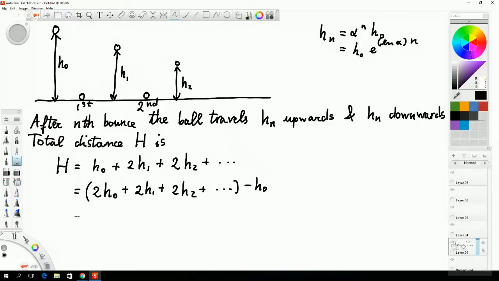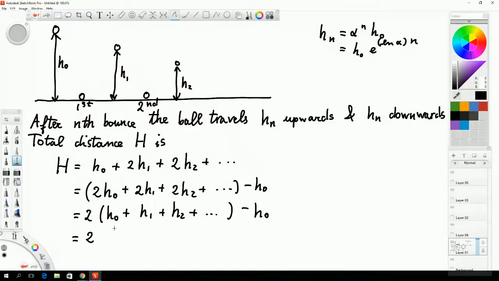Okay, so now we can factorize the 2 and end up with 2 into h naught plus h1 plus h2 plus dot dot dot, minus h naught. But now let's remember, h1 is just alpha h naught, h2 is just alpha squared h naught, and hn in general is alpha to the n h naught. So let's just use that. What do we end up with?